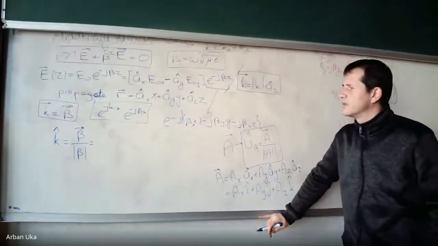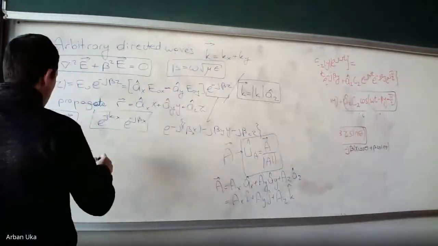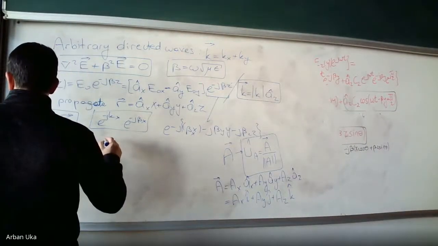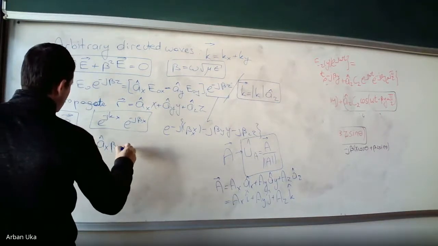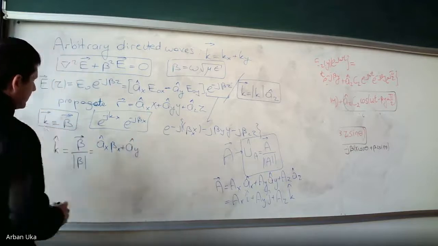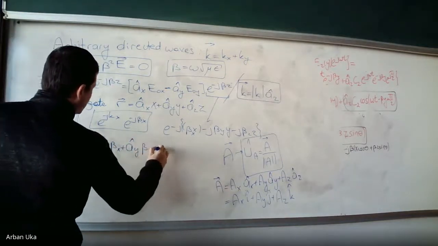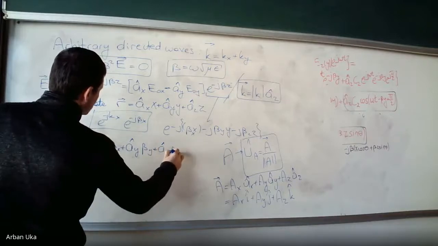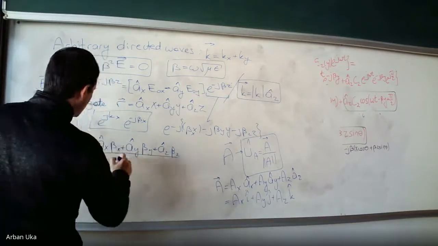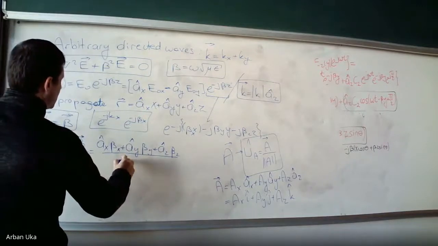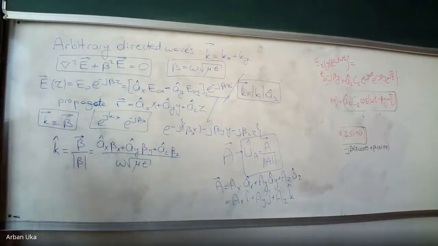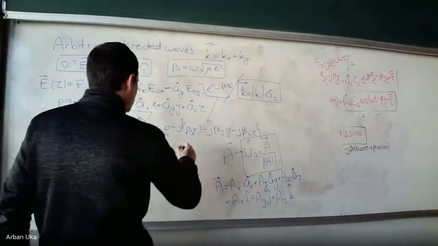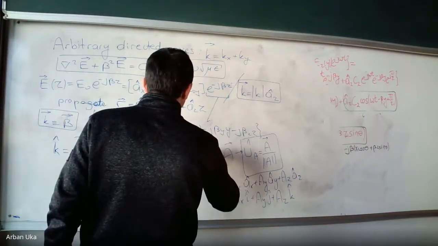In line with this argument, we can also say that this is Ax times beta x plus Ay times beta y plus Az times beta z, divided by the magnitude, which is omega times the square root of permeability times permittivity. So this is the k vector, or the propagation vector, or wave number vector. We can also call this the wave number.